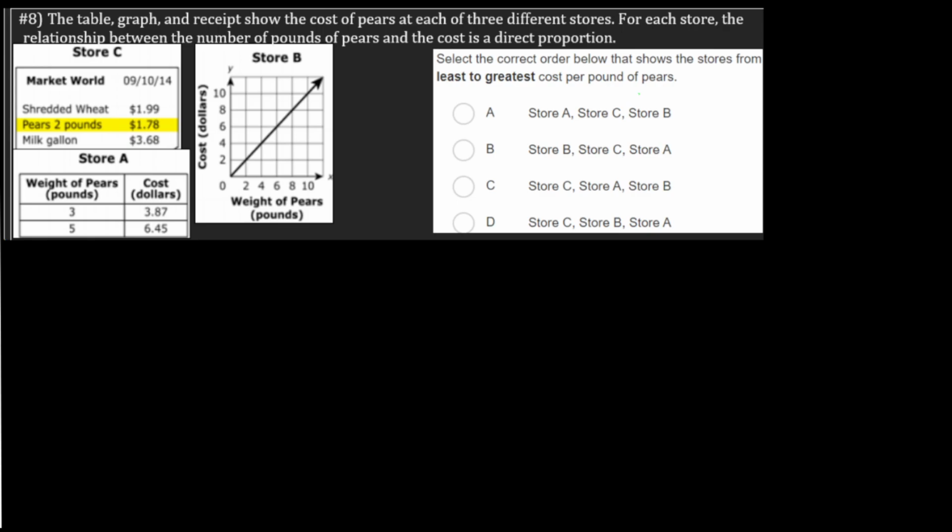And so what I can do is find the unit rate, meaning I want the price over 1 pound, because that way I can figure out what each of these is.